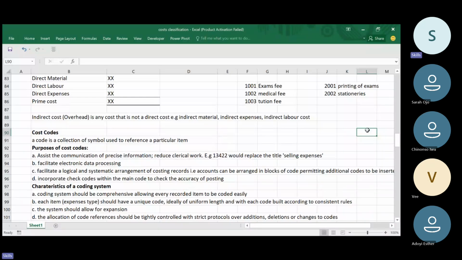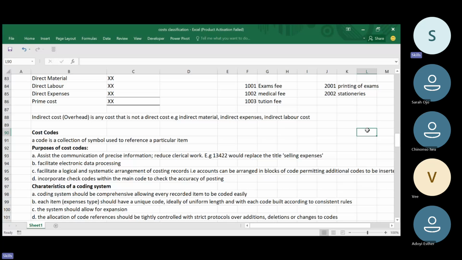E.g., if you create a code, 13422, to replace the title selling expenses, instead of writing selling expenses, you can write 13422. Whoever sees 13422 knows that you are referring to selling expenses.